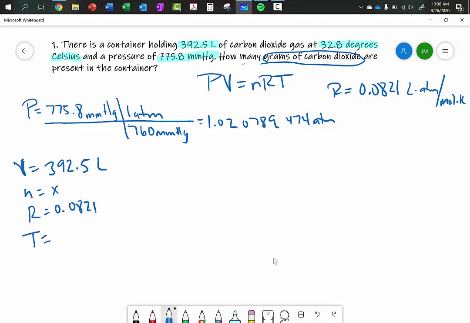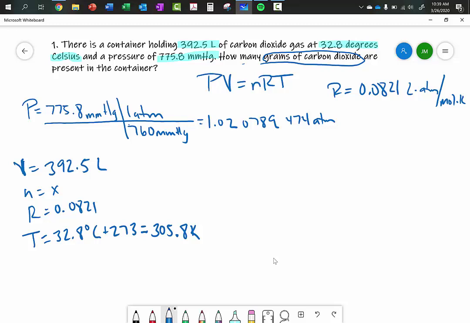And I know my temperature is 32.8 degrees Celsius, which is equal to 305.8 Kelvin. Because again, anytime we deal with the gas law, we are always going to use Kelvin as our unit of measurement for temperature.